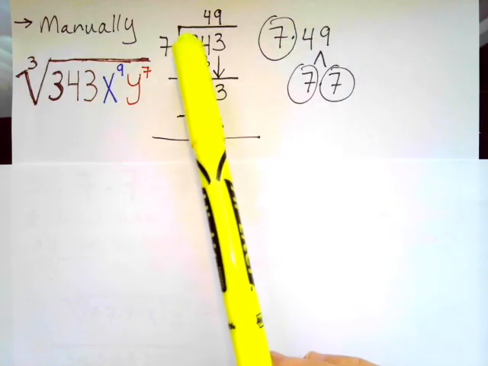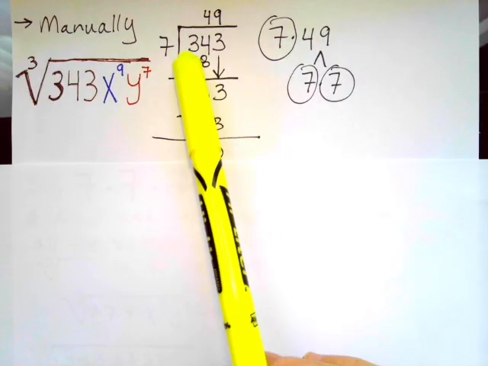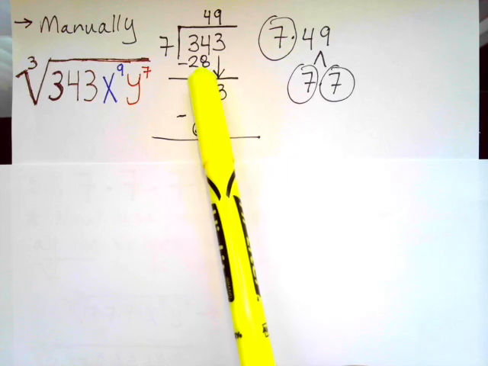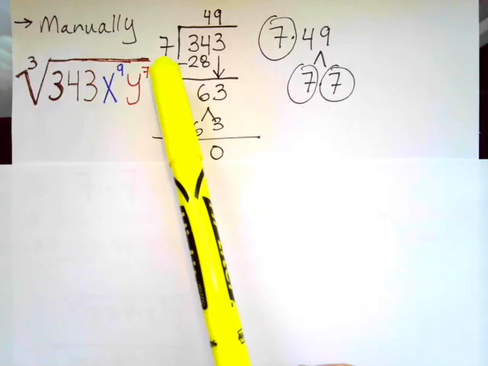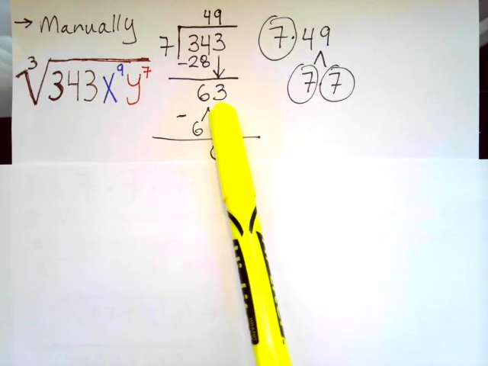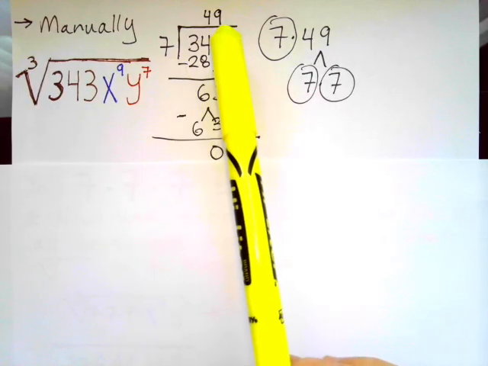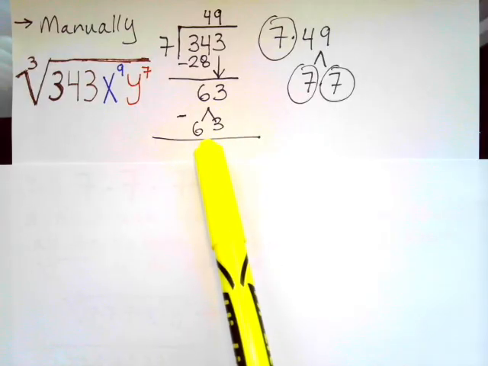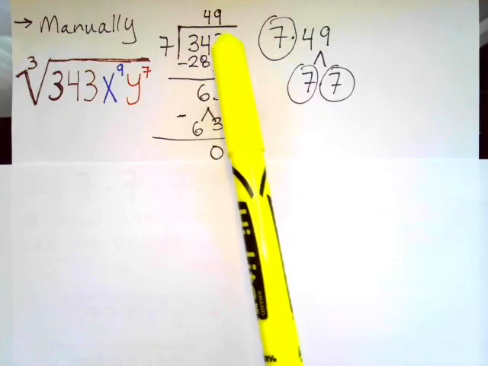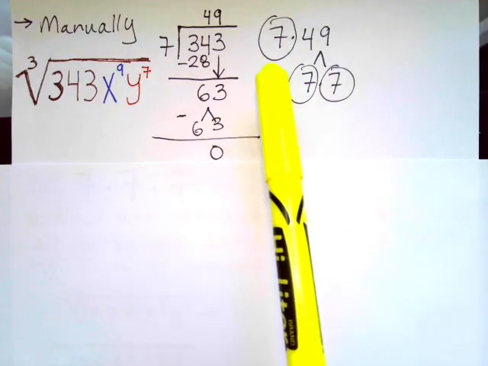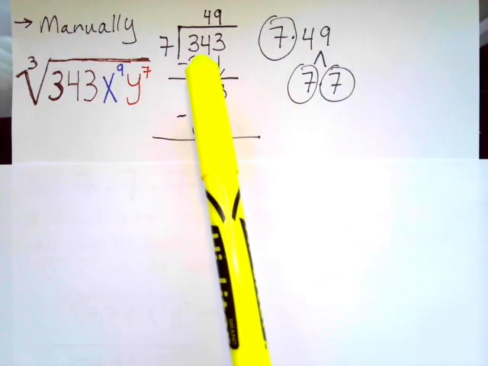So I'm going to use the 4. 7 times 4 is 28. I subtract 28 from 34 and that leaves me a 6. There's no number times 7 that gives me a 6, so I bring down the 3. 7 times 9 is 63. I subtract 63 and get a remainder of 0. So 7 times 49 equals 343.